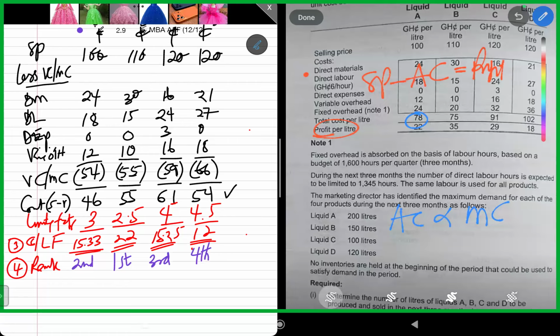Based on this ranking, we would apportion the limited hours we have.